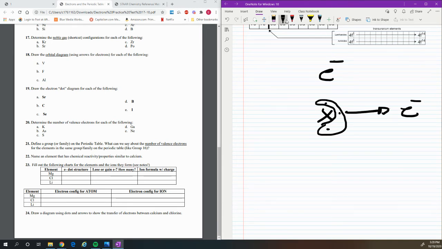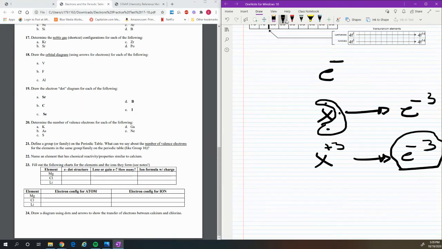Now this -3 is away from X. These electrons are over here being all negative, which means X is slightly more positive because it got rid of 3 negative things. If you get rid of your negativity and put it over there by itself, you become a slightly more positive person.